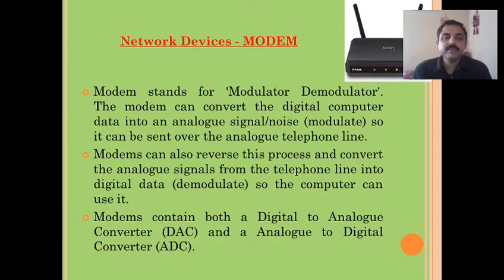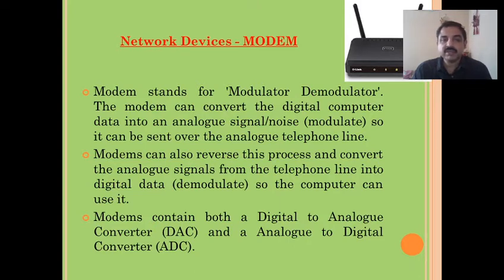Next is modem. Modem stands for modulator demodulator. The modem can convert digital computer data into analog signals and analog to digital. So analog, that is telephonic signals, to digital and digital to analog, the conversion will be done through a modem.